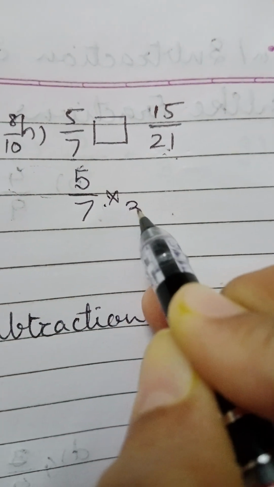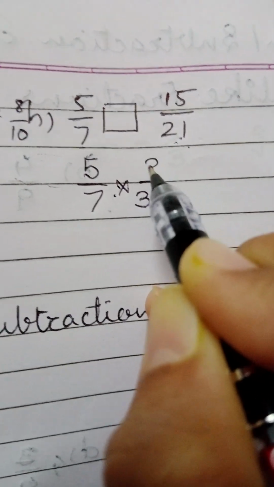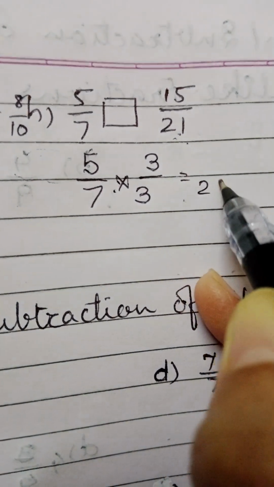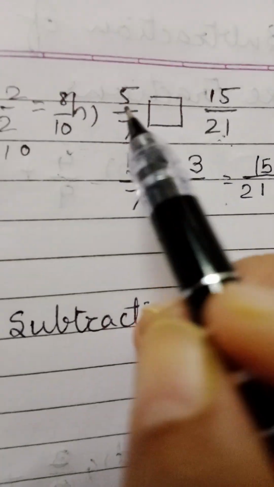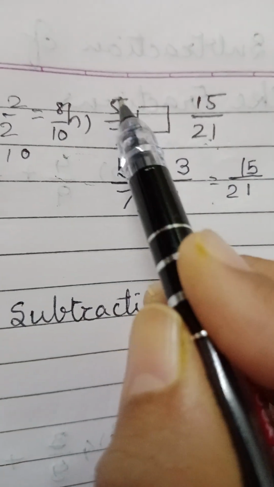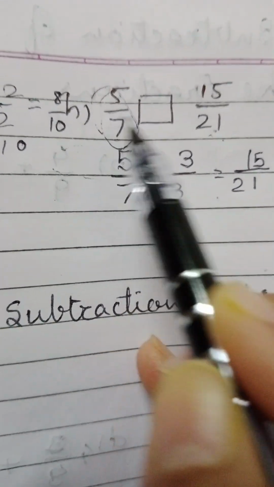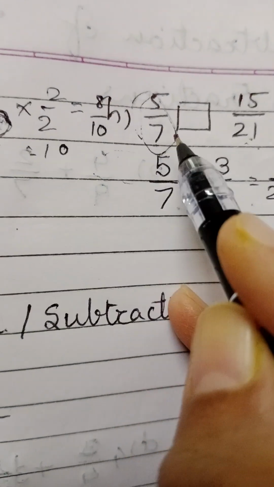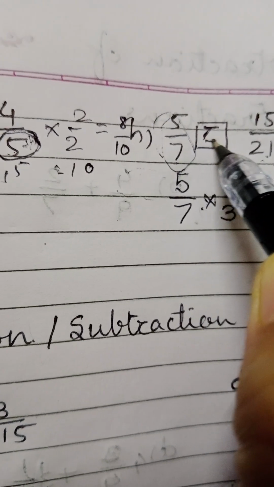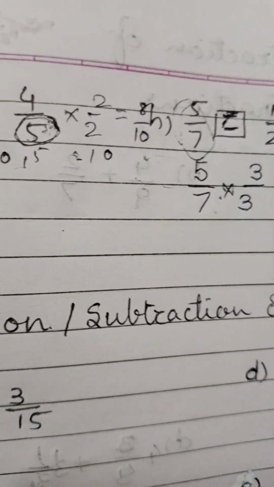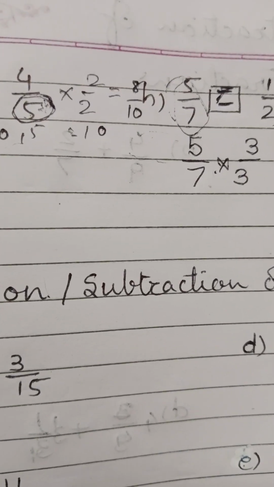You know that if you multiply 7 by 3, it is going to give you 21. So 5 3s are 15. But now you see, actually this is also 15 upon 21. This is also 15 upon 21. This means they both are equivalent fractions and they both are equal. Okay. So you put this sign here.